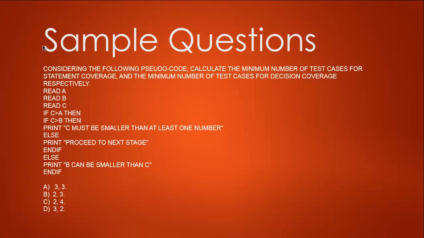Read A, B, and C. So this forms first. Okay, so these are part of first statement coverage. Then we have condition if C is greater than A. If this is true, then it will go inside one loop. Check for another, C is greater than B, then it will print C must be smaller than at least one number.